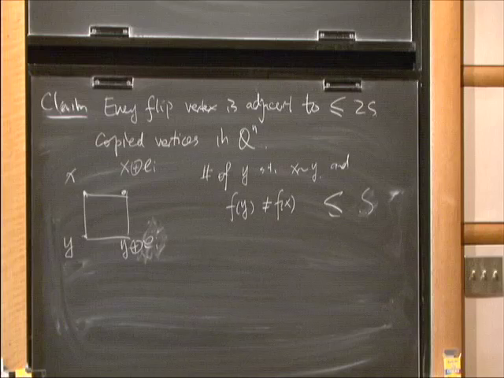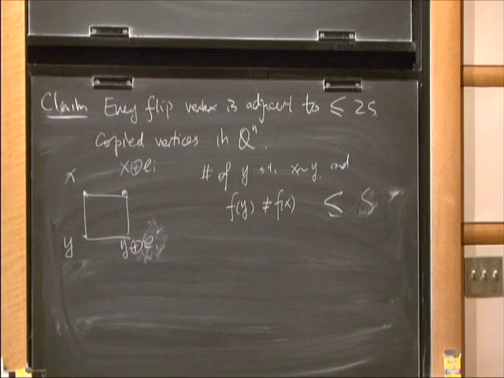The way you should picture this is, from X you want an upper bound on the number of flip vertices that it's adjacent to. So draw them all, Y1, Y2, Y3.